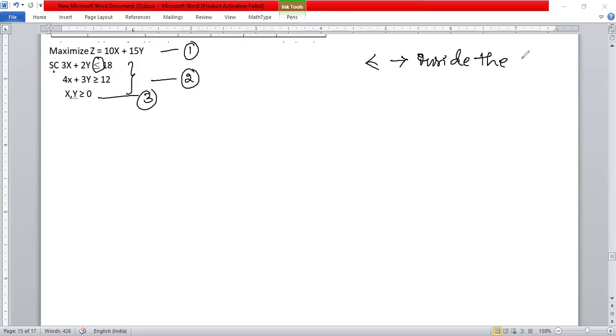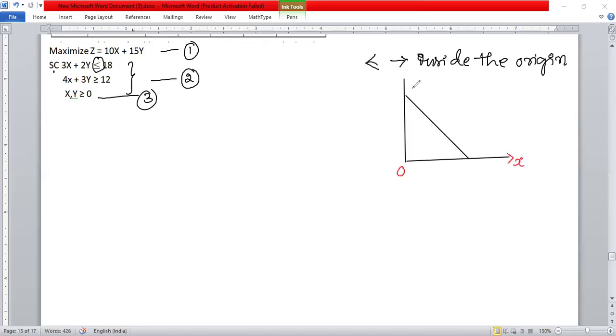So whenever the constraints are less than or equal to, it is nothing but inside the horizon. How to mark inside the horizon? There is a line here. So this is the horizon here.